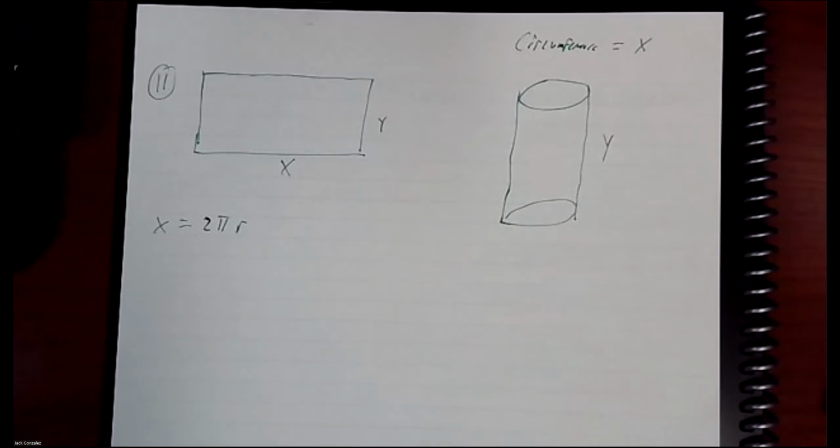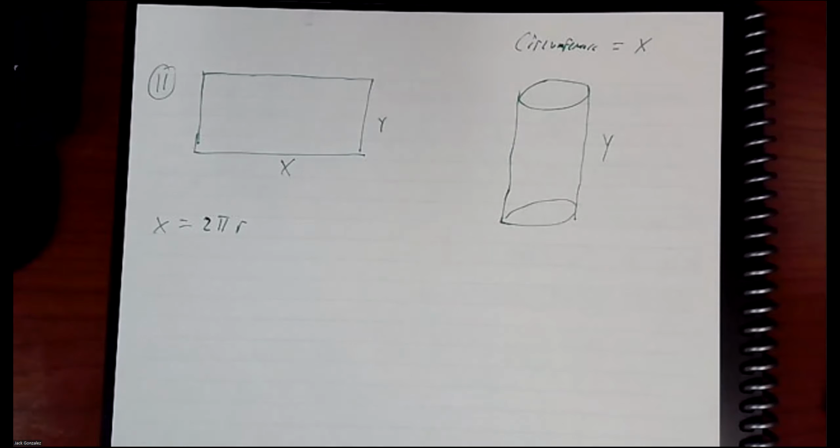Sorry, I already forgot what they asked. Okay. Rectangular sheet has a perimeter of 27 centimeters. Okay, and they rolled it into a cylinder. What values of X and Y give you the largest volume?